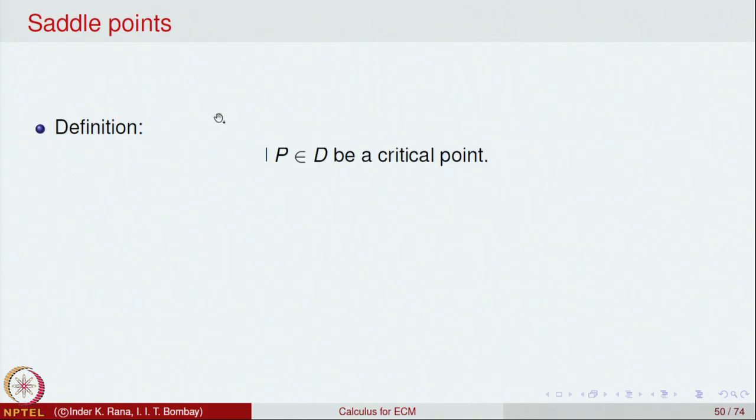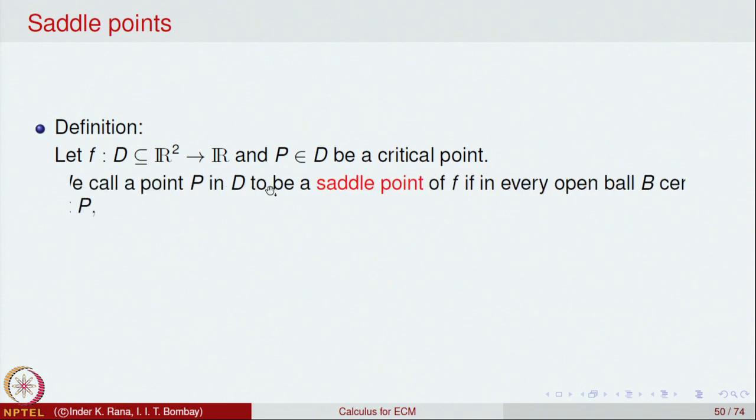Suppose f is a function of two variables from R2 to R, and P is a point in the domain, and let P be a critical point. A critical point is an interior point where the derivatives are equal to 0.